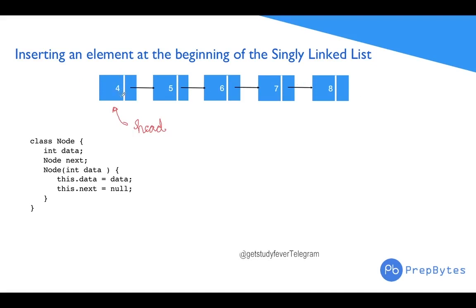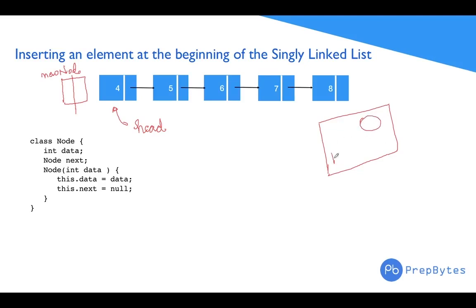What we have to do is add one node before this particular node, and let's call this new node we have created new node. How will it come at the beginning of this linked list? When we create this new node, it is lying somewhere in the memory.